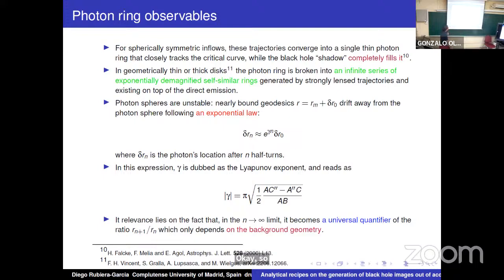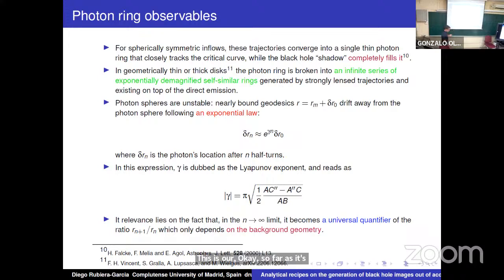But what does this mean? If I take the limit n going to infinity and divide the location of the photon ring n plus 1 by the location of the photon ring n, this is a universal prediction of your geometry. In the case of Schwarzschild, exponential of pi.